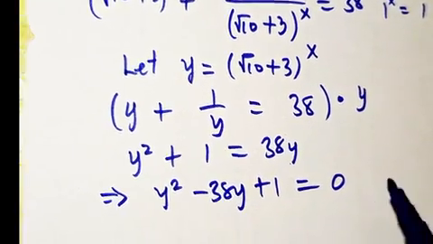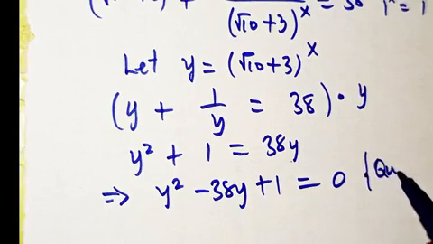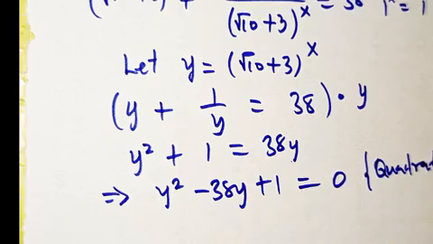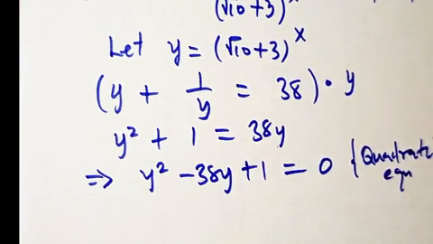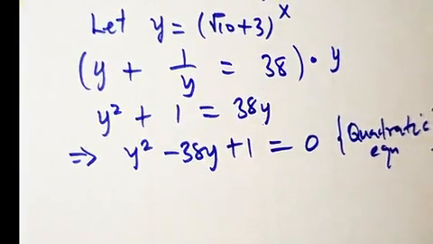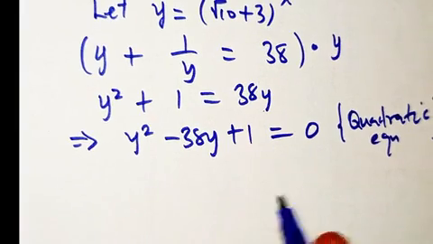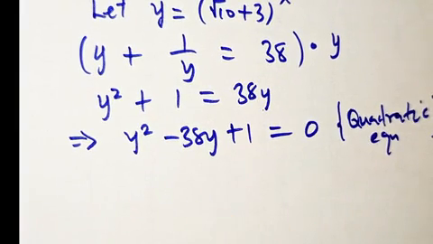So now from there, this is a quadratic equation in terms of y. So now we are going to see how to solve for the value of y here, but it's not factorizable. So what we are going to do is use the quadratic formula.